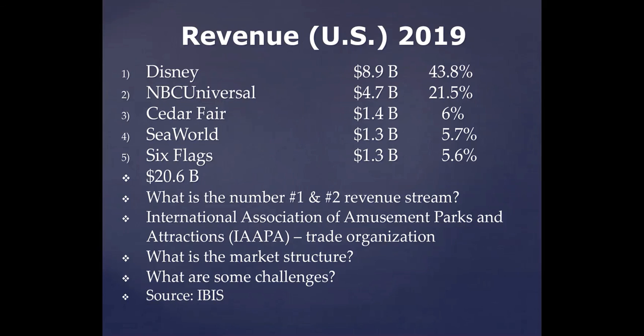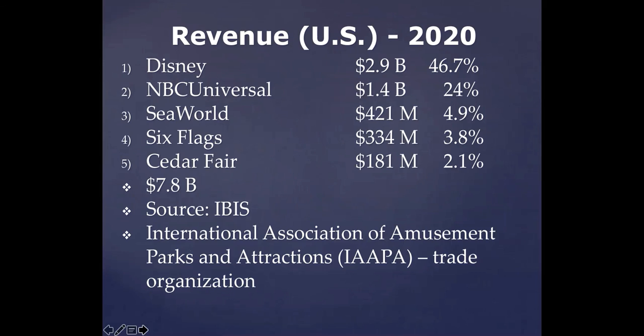And last but not least, again, COVID is a big challenge that we have to consider, this idea of whether a large number of people will come back to the parks once we've been vaccinated, or there's herd immunity, or whatever the case is going to be. So, for example, one of the big things that you see here in 2020 is a big drop in the revenue.